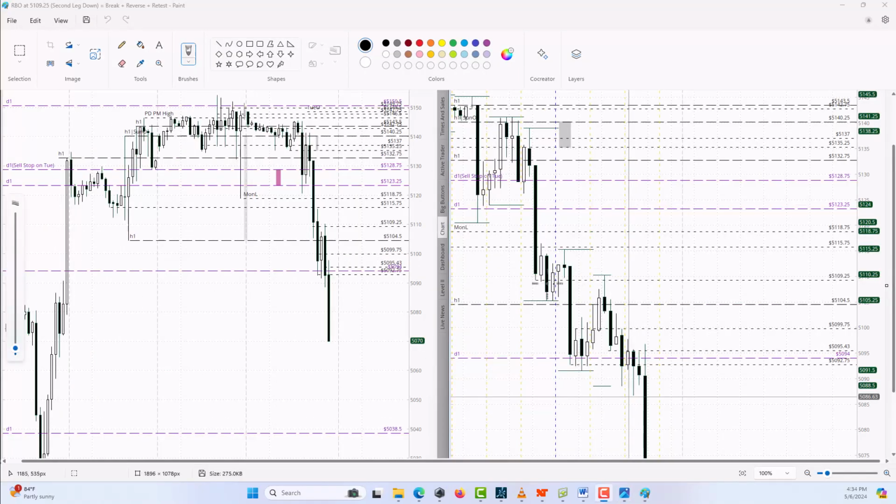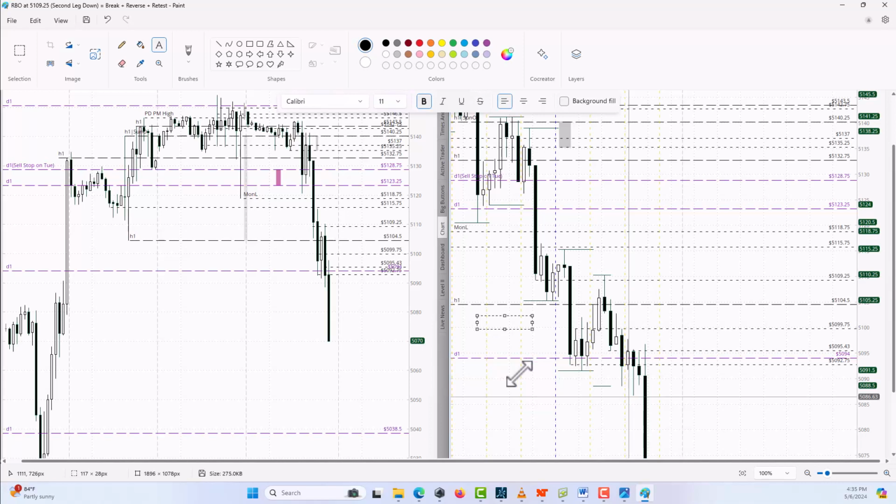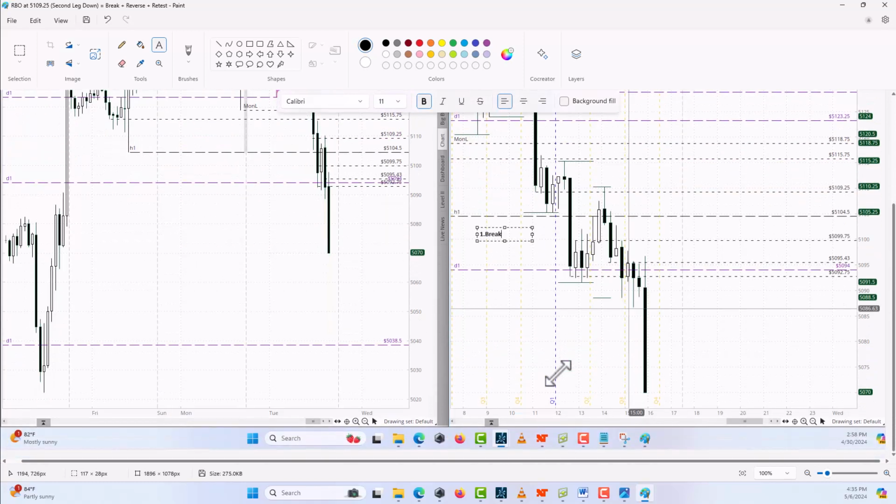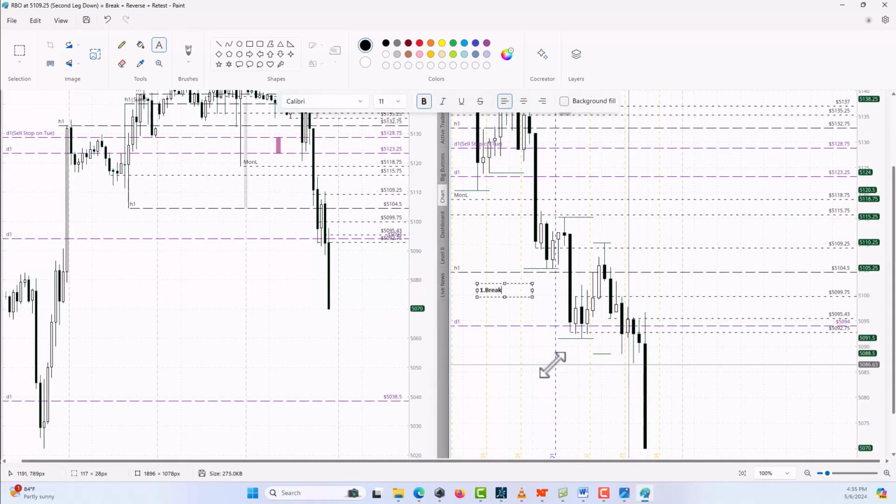Let's do some documentation right here so we see that this is a real breakout. First we have a break right there, and then we have the reverse.